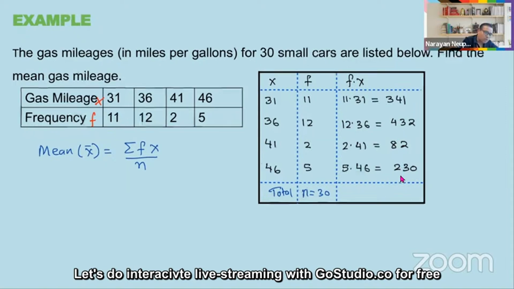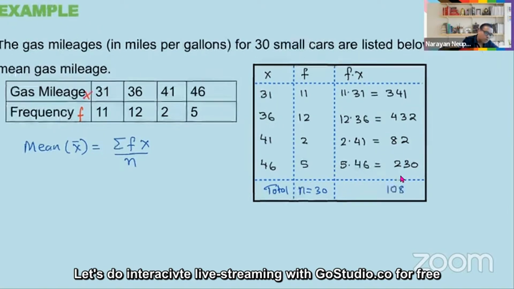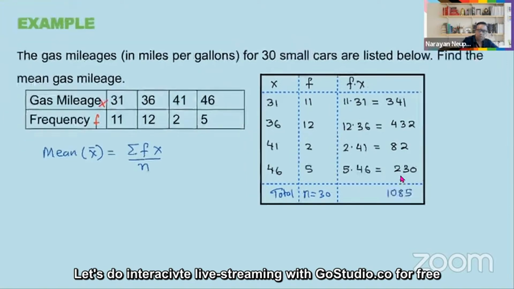That is how much? 1085. Okay, great. You can check it one more time because I can see that the last digits here are 2, 2, and 1. So it should be 5,085.